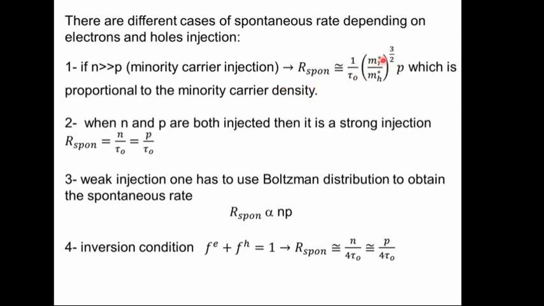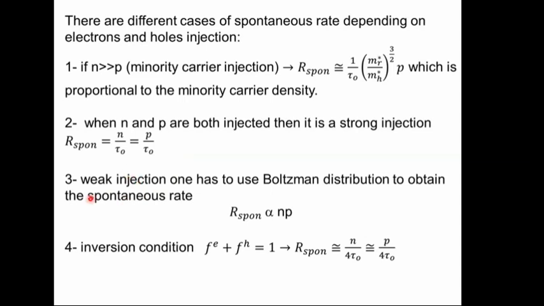MR, the effective recombination mass, over the effective mass of the electron to the 3/2 times the N, the concentration of electron. Most time we use the spontaneous when N and P are in the material and both are of about the same. In this case, it's equal just to N over tau and P over tau, so it will be the same.